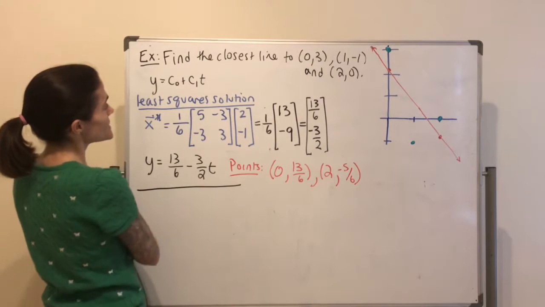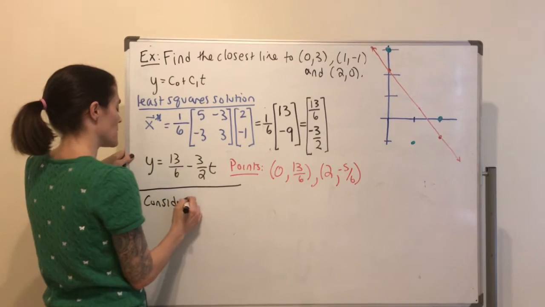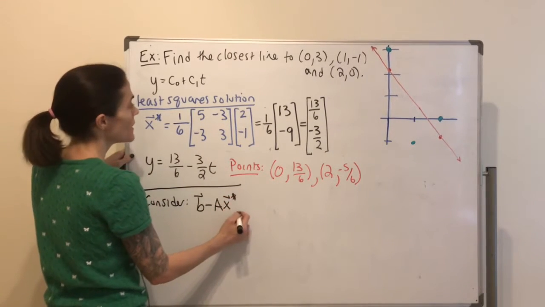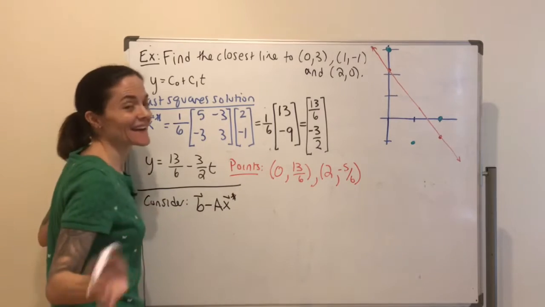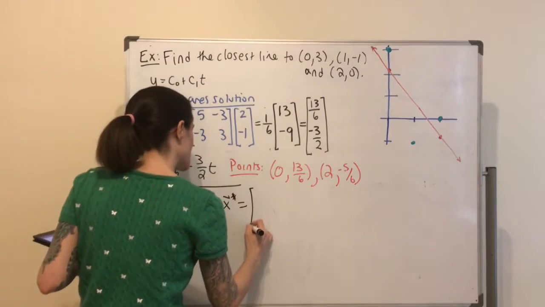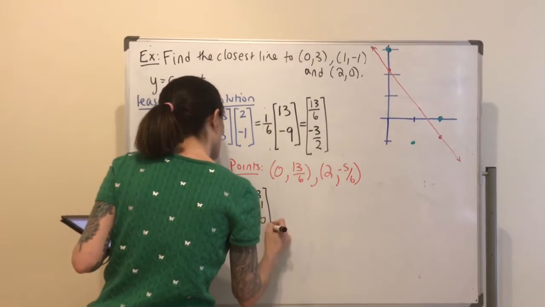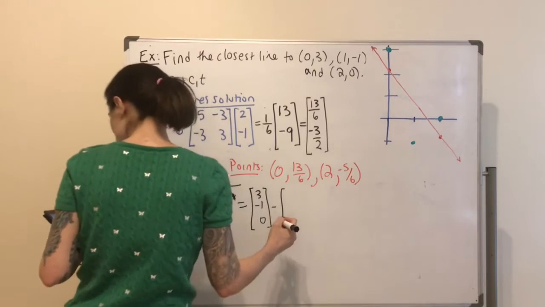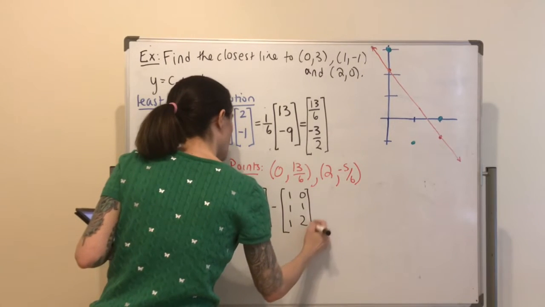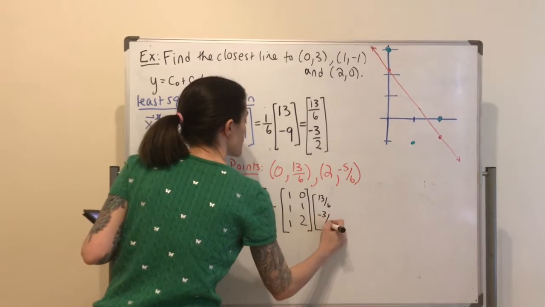Sadly, I have erased some things in this problem, but what we want to consider is b minus A x star. I don't have b and A on the board anymore, so I'm going to go back to my notes. b was (3, -1, 0), and A was the matrix with rows (1, 0), (1, 1), (1, 2), and then we multiply by (13/6, -3/2).